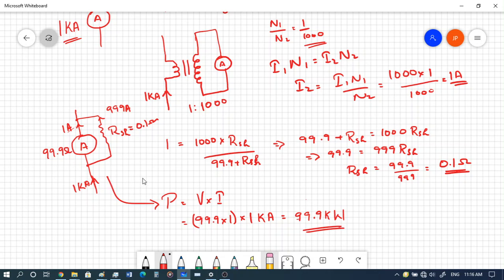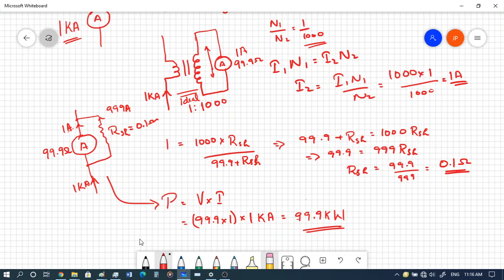Now let's look at what would be the power consumption in the current transformer. So here in the current transformer, the resistance of the ammeter is, let's say, the same value, 99.9 ohms, and the current that is flowing through this ammeter is going to be 1 ampere, right? Considering this is an ideal transformer, we just have to find the power consumed over here in the secondary part.